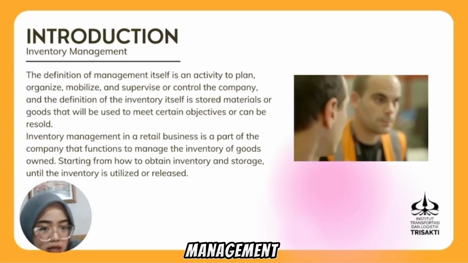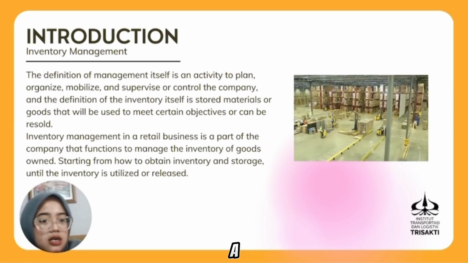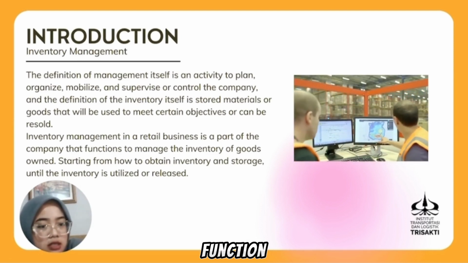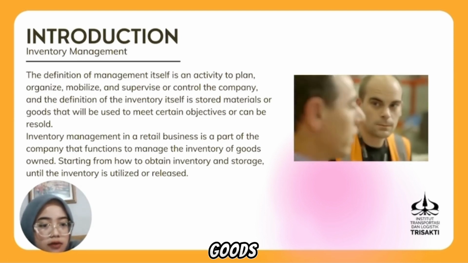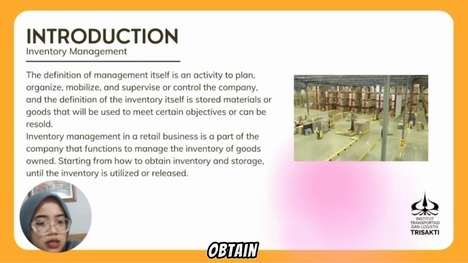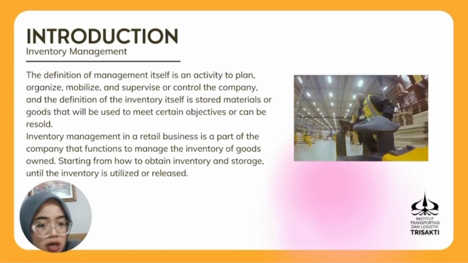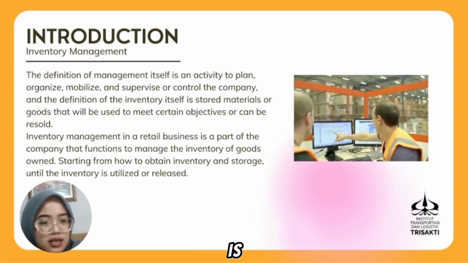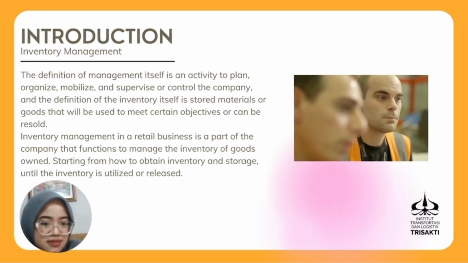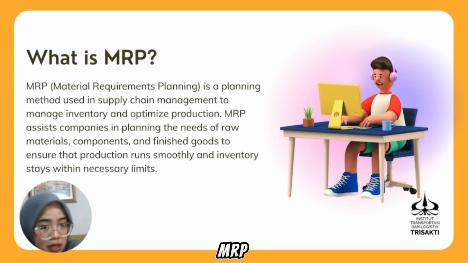Inventory management in a retail business is the part of the company that functions to manage the inventory of goods owned, starting from how to obtain inventory and storage until the inventory is utilized or released. What is MRP?